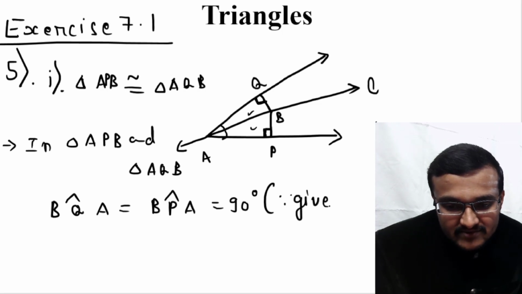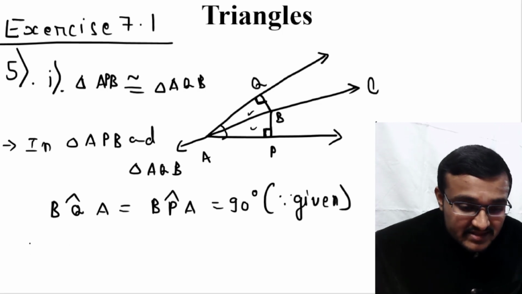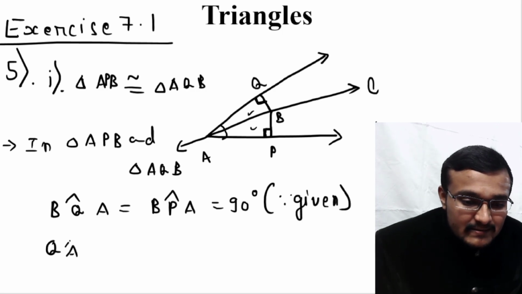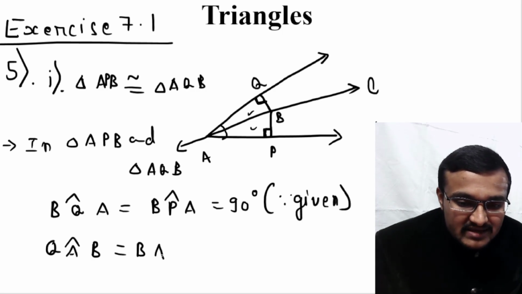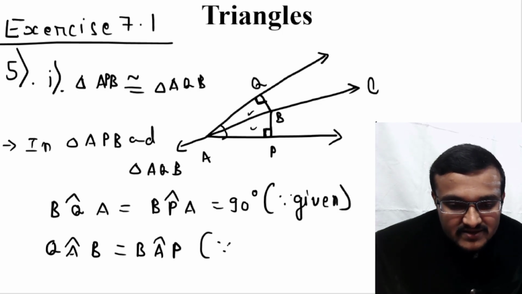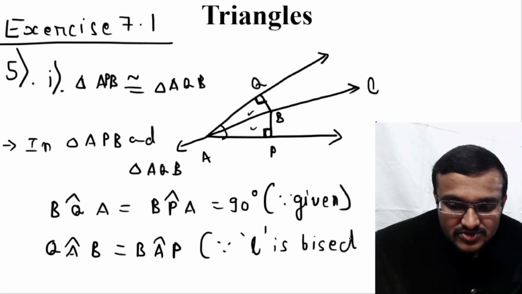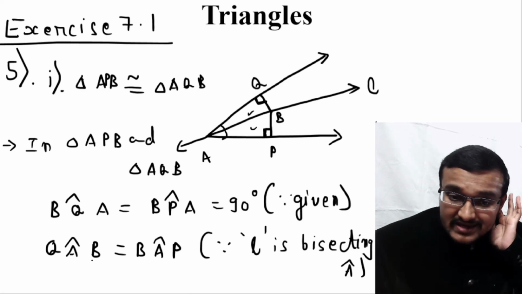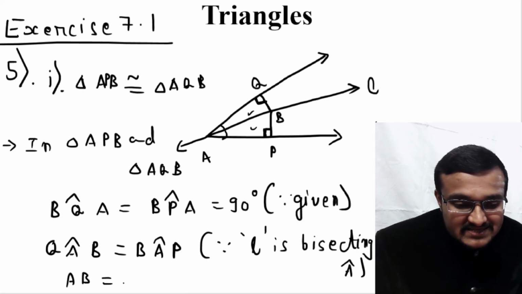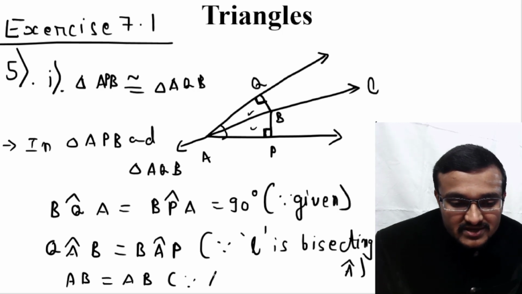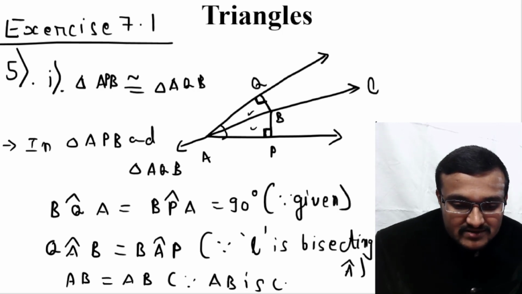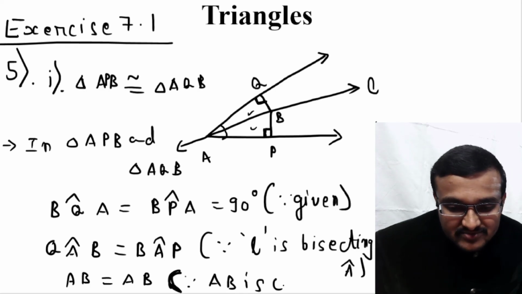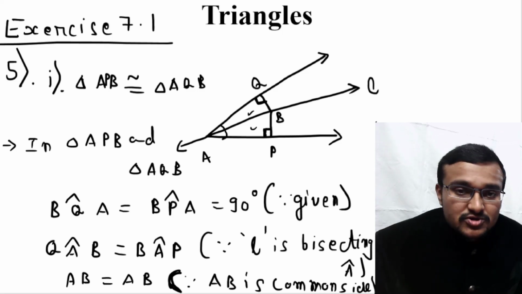They have already given this. Now angle QAB is equal to angle BAP, because line L is bisecting angle A. Now AB is equal to AB because AB is the common side for both the triangles.